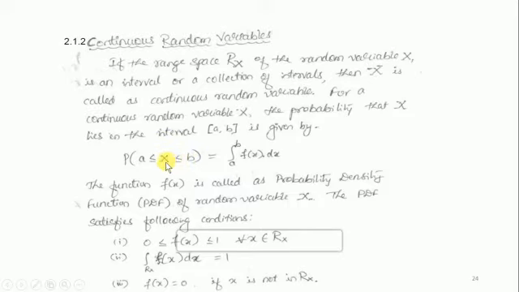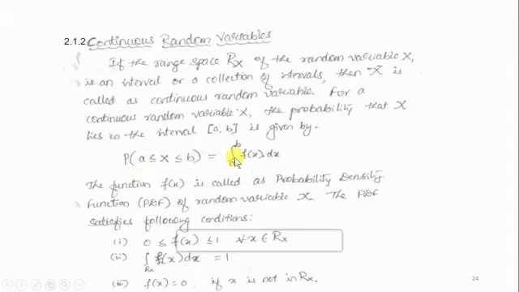You can write this, or you can write it like this. If you use the probability that x is in the interval a and b, it must be greater or equal to a and less or equal to b.